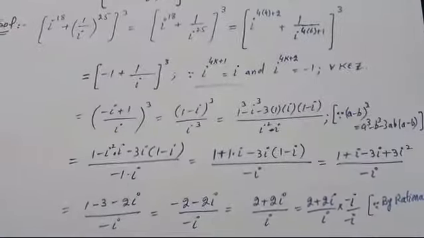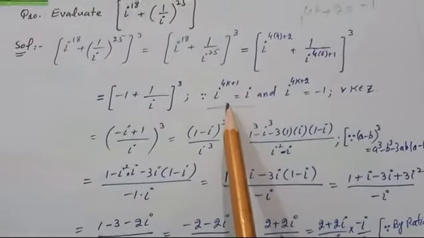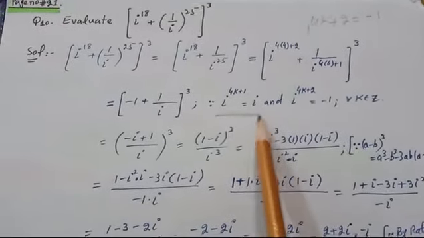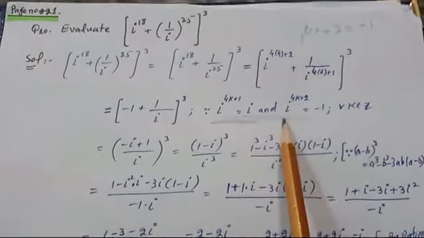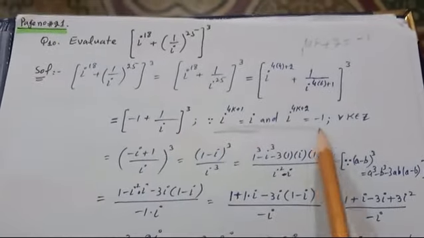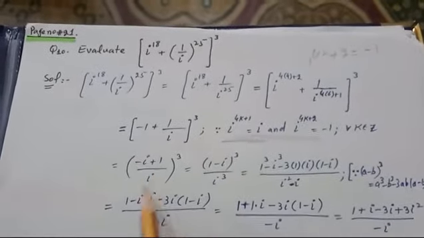We already discussed these relations in question number 1; they are not given in your book, so please remember this. So the first term is equal to minus 1 according to this result, and this is 1 divided by iota, whole power 3.